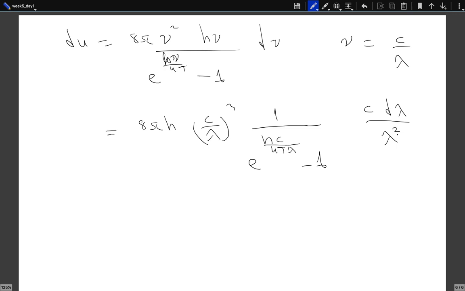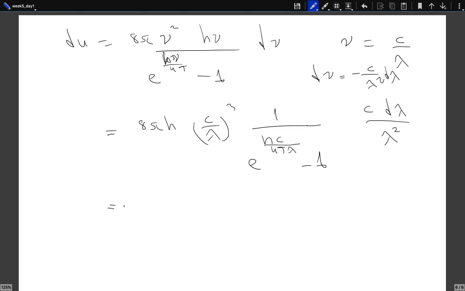I ignore the minus 1, sorry. You see, d nu is minus c over lambda squared d lambda. Well, the only thing that minus sign tells me is that if d nu is positive, that means d lambda should be negative. You are reducing the frequency. That I'm not interested in, so that's why I ignore the minus sign here.